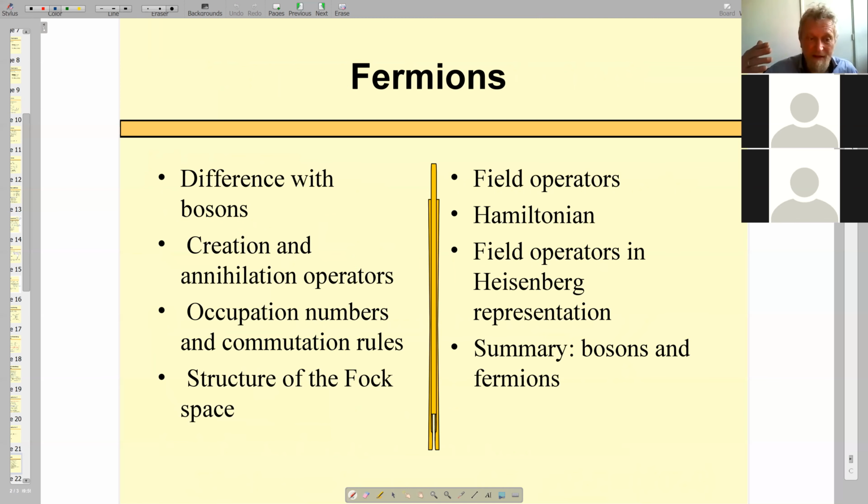We will introduce creation and annihilation operators. We derive occupation numbers. We will look at the structure of the Fock space, field operators, Hamiltonian, field operators, Heisenberg equations, almost the same set of topics with only a few differences, some of them important. So I hope I can finish all this in time.